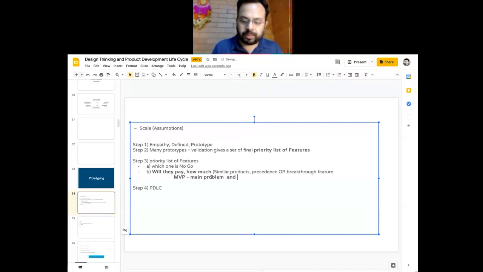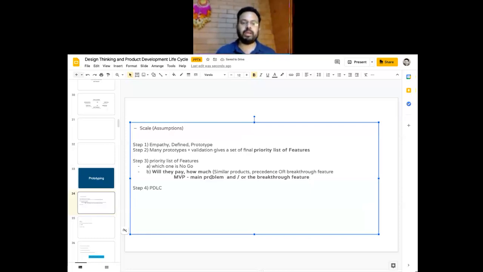The one thing I usually call the key differentiator of your product, the breakthrough feature. That's all your MVP should have. It should not have more than that.